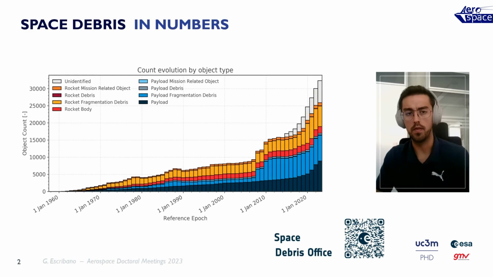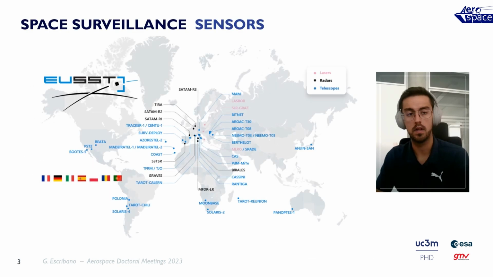Some of you may be wondering why is space surveillance and tracking needed in the first place? Well, here you can see a chart on the number of big enough or trackable objects in Earth orbit, which is increasing at a fast pace. In order to keep up with this growth while maintaining accurate space object catalogs, different organizations have set up global sensor networks.